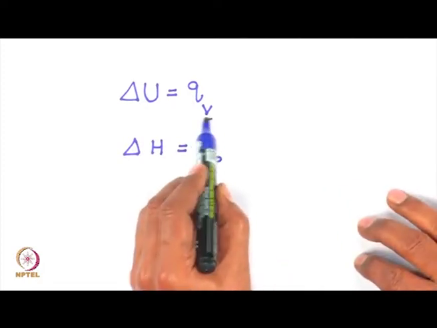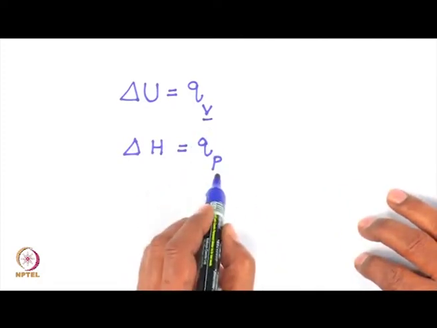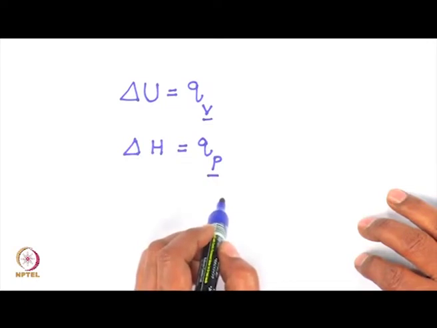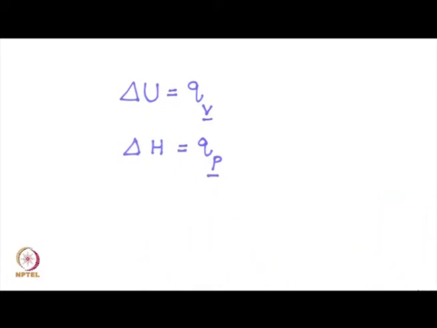Here the volume is held constant, here the pressure is held constant, and in both the cases there is no additional work done. And later on we will discuss how to experimentally determine these, what kind of calorimeters are required to measure the values of delta U and the values of delta H.